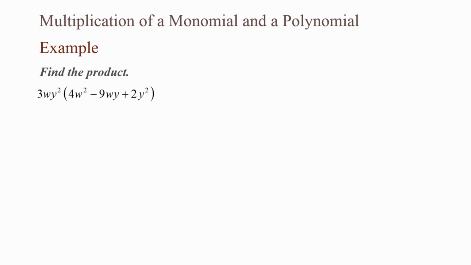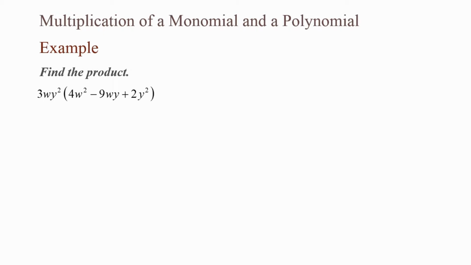Multiplication of a monomial and a polynomial. In this example, we want to find the product 3wy squared times parentheses 4w squared minus 9wy plus 2y squared, close parenthesis.